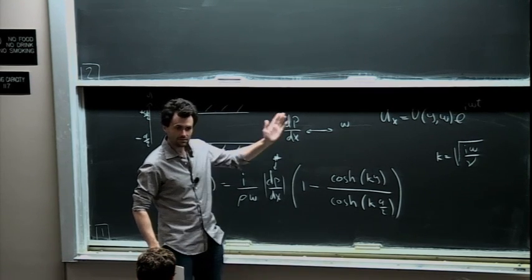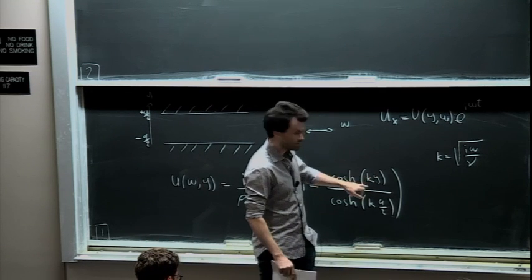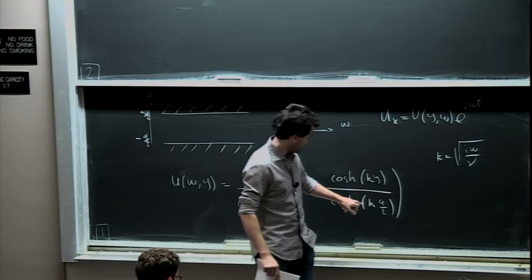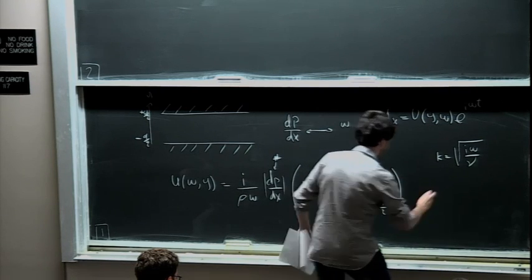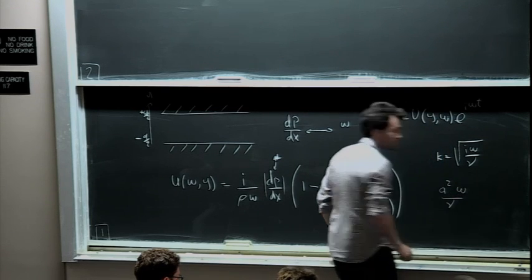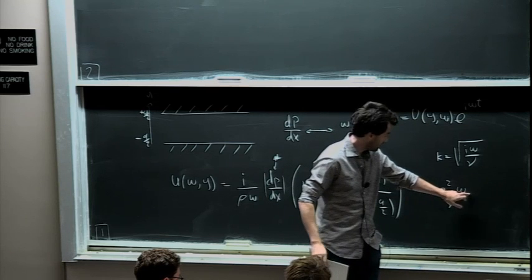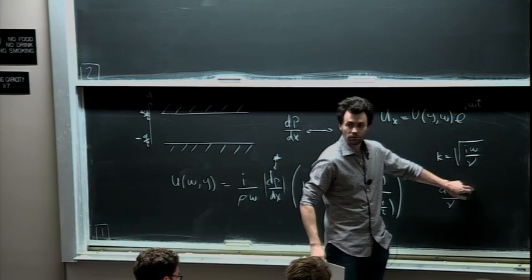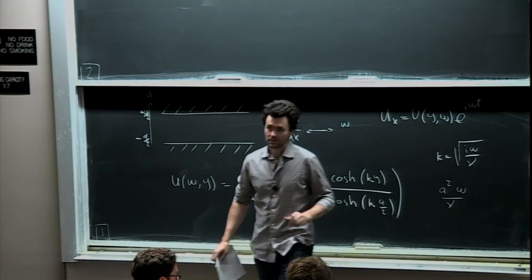This we just adjust so that we can see some motion. But then there was an interesting combination of parameters in the ka term, which gave us a combination that looked like a squared omega over nu. So we fixed a, that's just geometry, to 1, and we noticed that we could just tune omega relative to nu, so we fixed omega and tuned the viscosity.